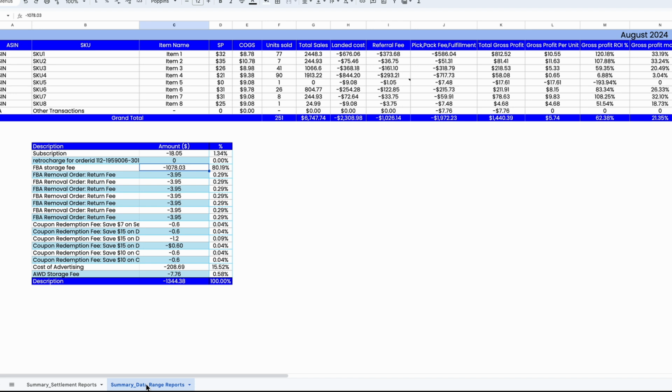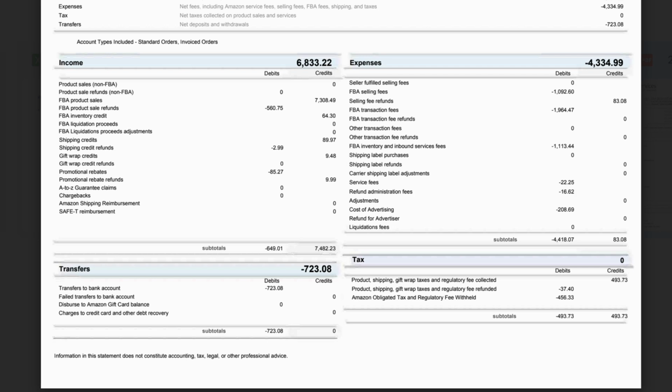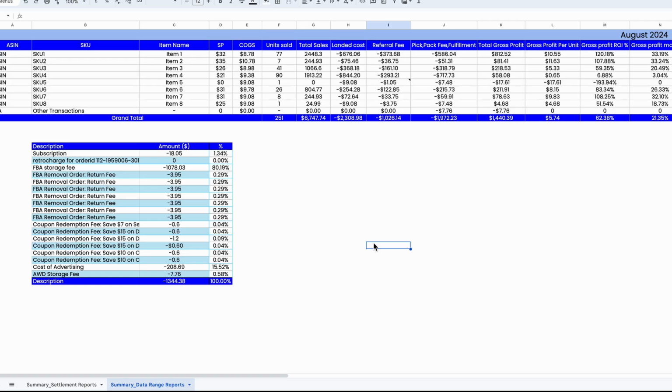Firstly, looking at my data range reports, I want to talk about this because most of your software tools, name it, refer to the reports repository, as in they are going to provide you insights from this particular sheet. In order to break down the numbers further and get a better understanding, we have classified all the metrics into several columns. For example, in the first column, I have my ASIN, and then in my second column, I have my SKU, and then I have my item name.